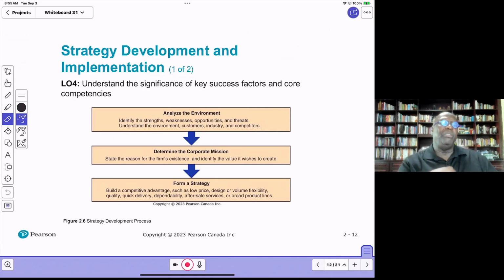And then after you've decided what your purpose is going to be, in that context you look at the environment and determine the extent to which your organization can meet its purpose in that environment without doing anything. But if it cannot meet its purpose in that environment, it has to understand what its weaknesses are, what its strengths are, and what the factors are that are going to impact its operations.